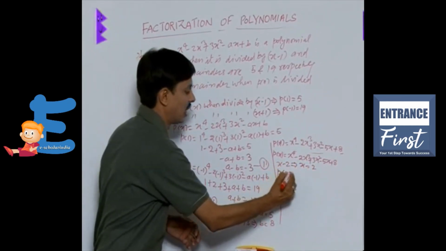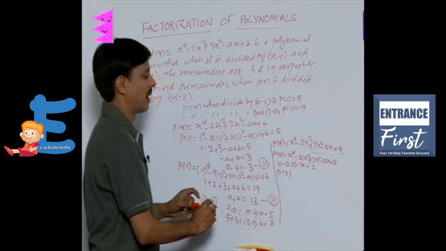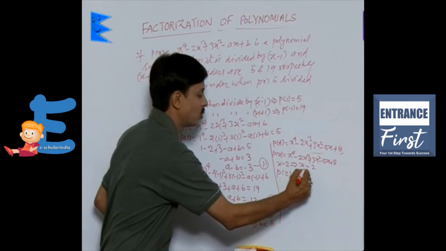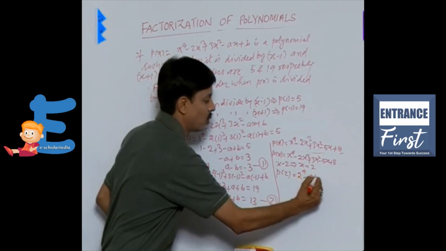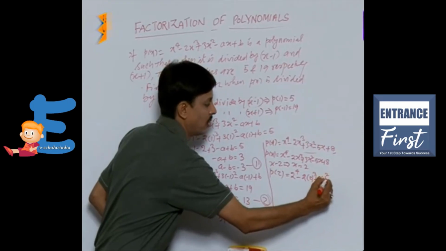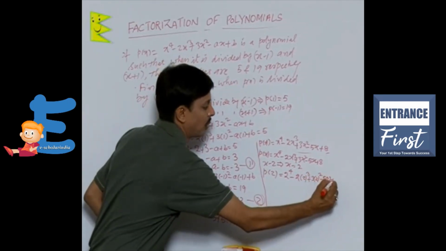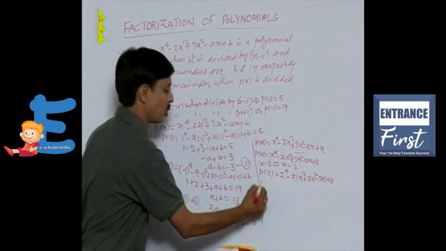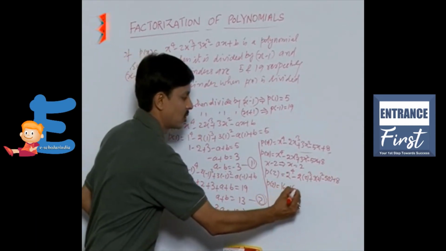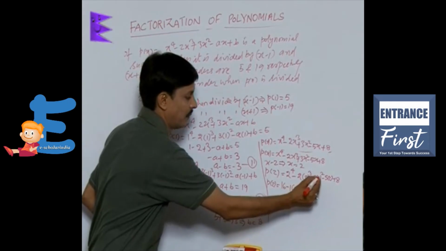So the remainder when the polynomial is divided by x minus 2 will be P of 2, which is equal to 2 raised to the power 4 minus 2 into 2 cube plus 3 into 2 square minus 5 into 2 plus 8. So the answer of P of 2, this is 16 minus 16 plus 3 3 are 9.